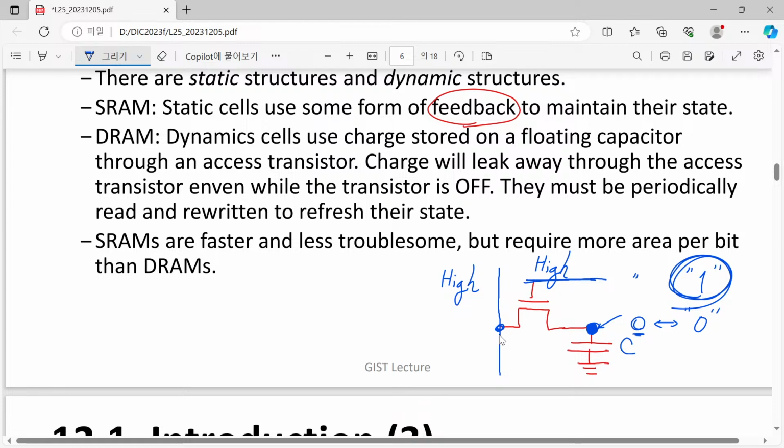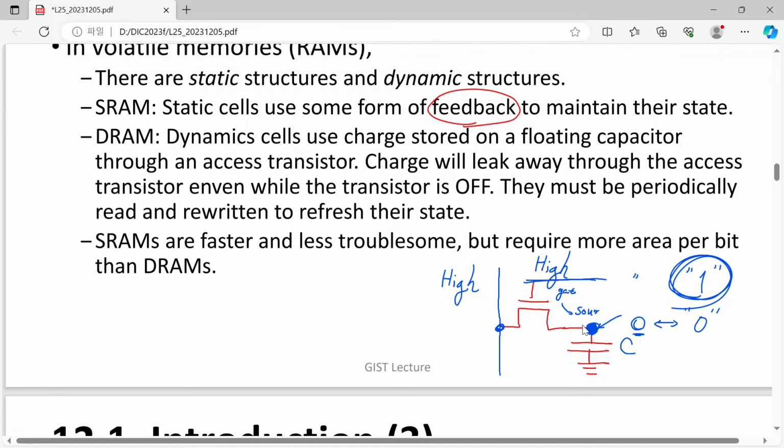Then what will happen? Now this is high, and previously you had 0. This one works as your source, and this one is of course the gate, and you have a high gate-to-source voltage. Now it is charged, and after that it approaches which voltage?